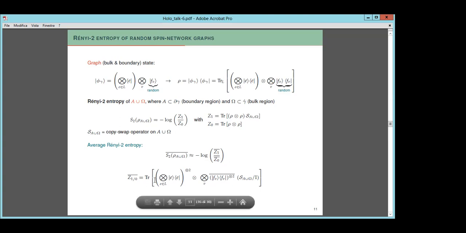So here is the form that Z1 and Z0 take: two copies of the link states that implement the connectivity pattern, two copies of the vertex wave functions on which we average, and then the swapping operator.